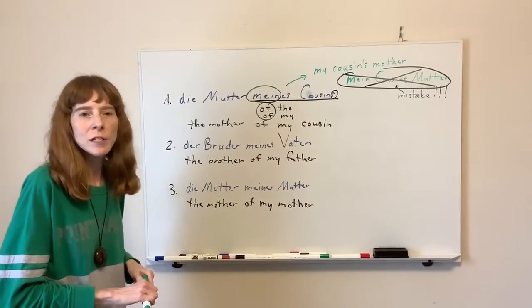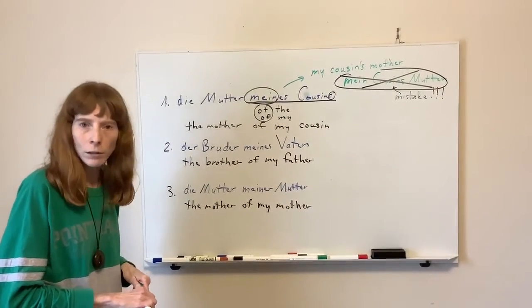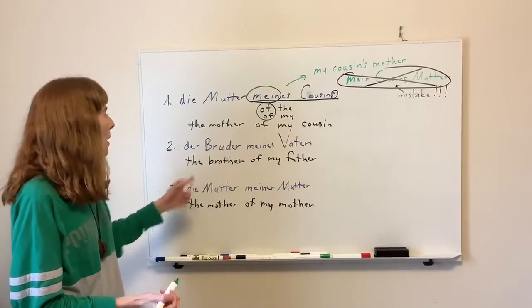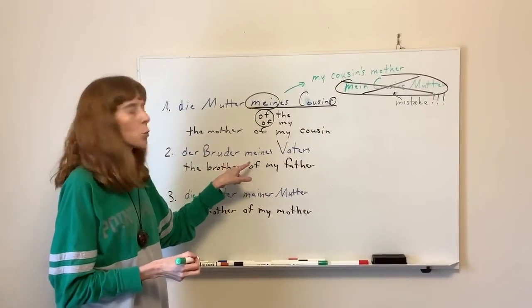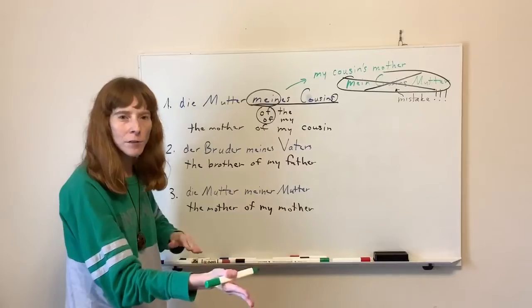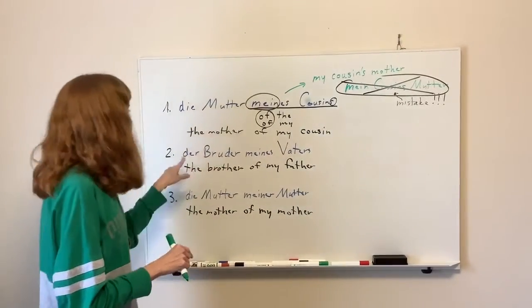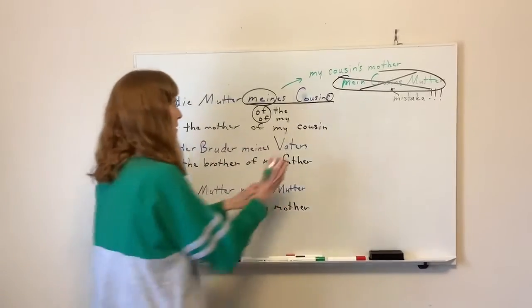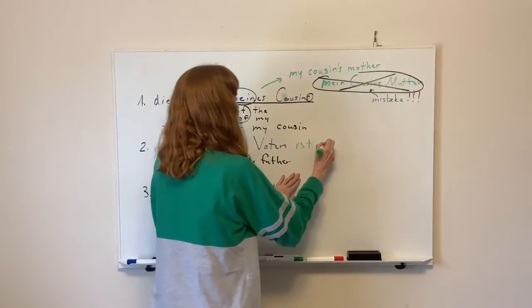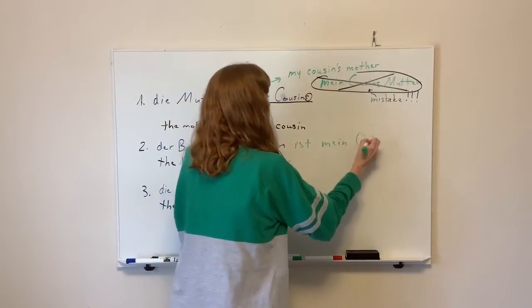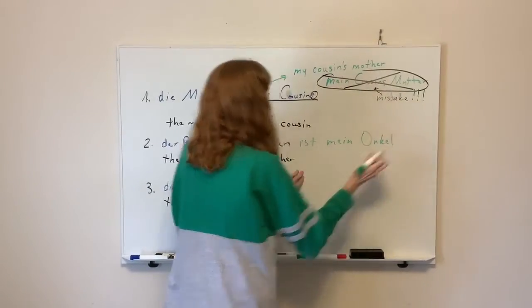You could just as easily have said mein Onkel, my uncle. But if you want to specifically say which uncle it is, the one from your father's side or your mother's side, this is what you would resort to. Der Bruder meines Vaters ist mein Onkel.